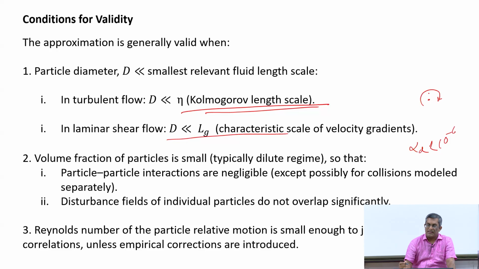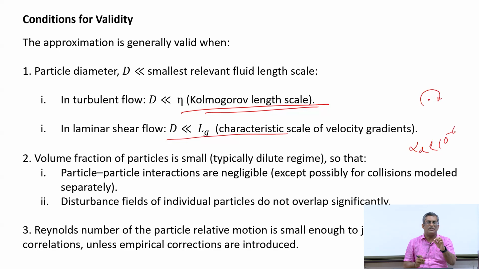In that case, the relative velocity between the particle and the fluid will be small. Why? Because in this case, the Stokes number is expected to be small. It need not be small, but is expected to be small enough. So, this means that the relative velocity is not high.